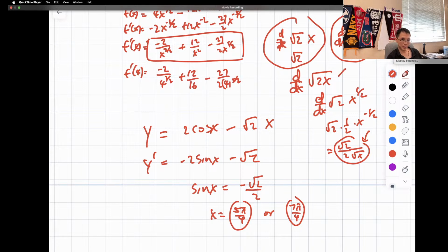Yeah, the derivative of square root 2 times x is square root 2. I talked about the chain rule, but you have not learned it, it's not on this test.